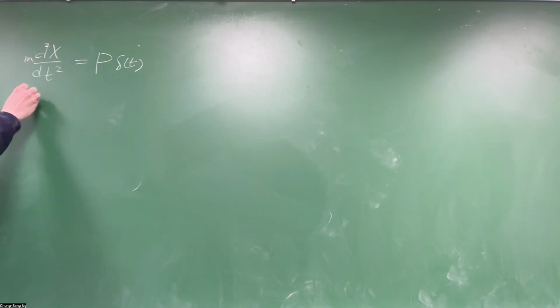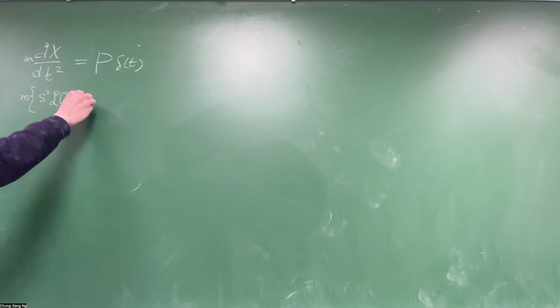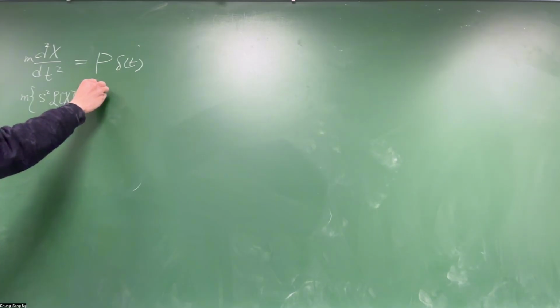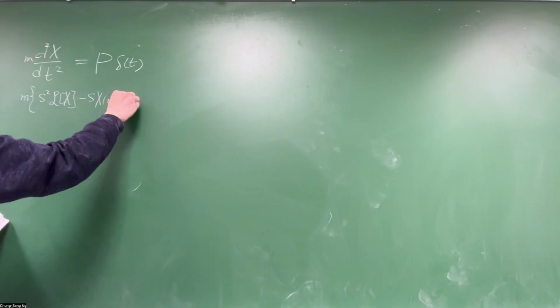Now you just solve by taking a Laplace transform on both sides. So it's m times s squared Laplace transform of x minus s x0 minus x prime 0.